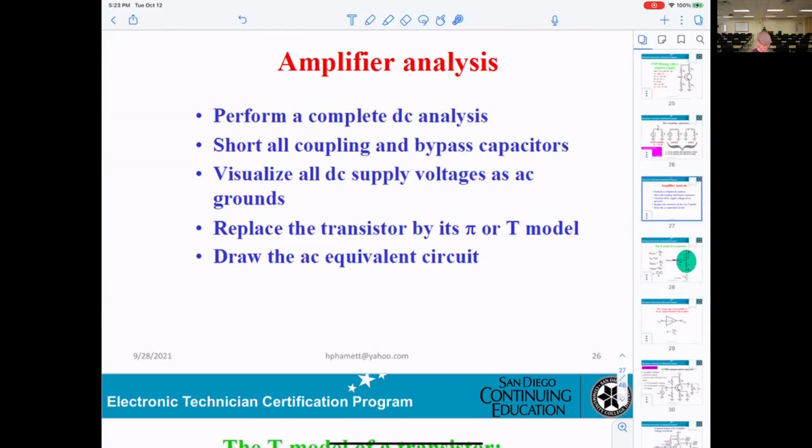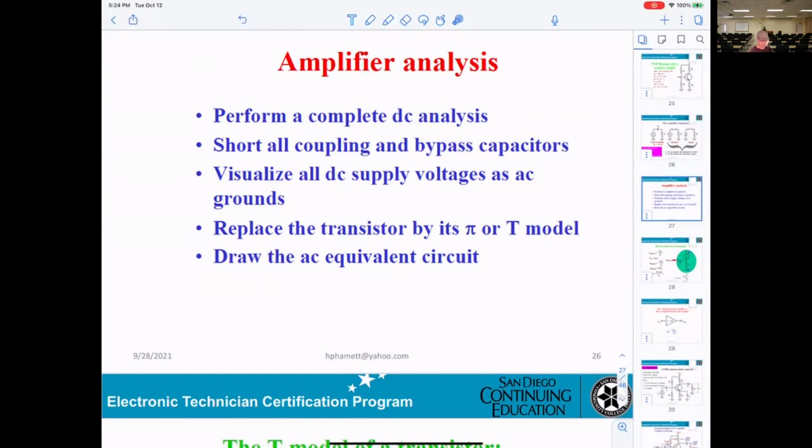Second thing, all of the capacitors will be shorted, the AC coupling or bypass capacitor. Then the DC supply voltage is at AC ground. That means you don't see any DC power supply in the AC model.